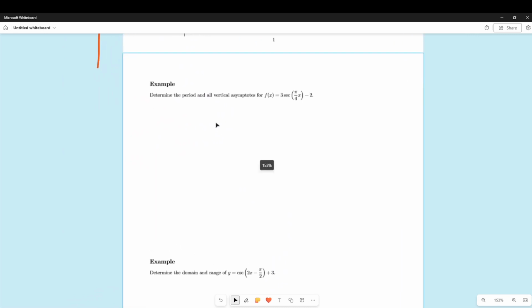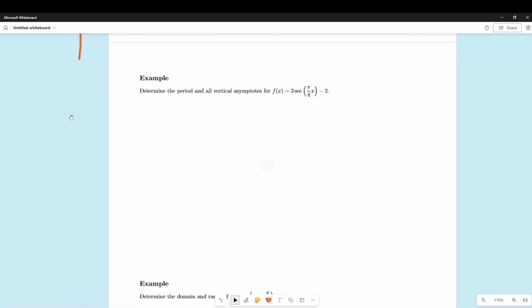Here we're asked to determine what's the period and what's the vertical asymptotes, and we could use that formula, but you probably get the sense by now that I'm not going to. Our period, well, I would again first conceptualize this as 3 cosine(pi over 4 x) minus 2.